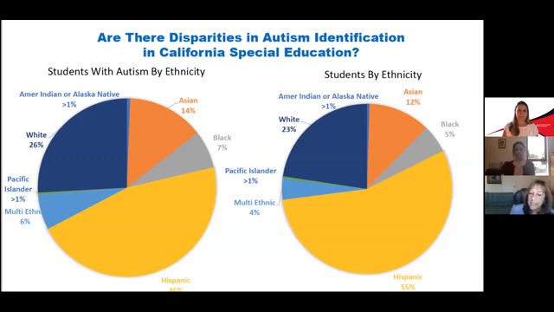But the Hispanic community is underrepresented. And this has implications for students who may be in school programs that may not have received the benefit of early intervention because they were not identified, or have not received other services that would support their educational progress.